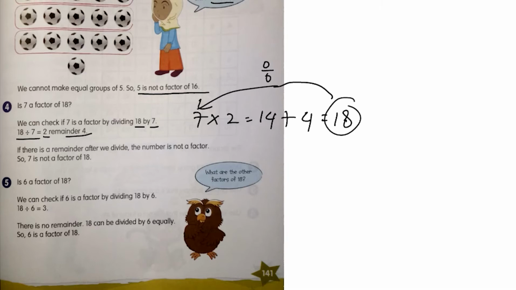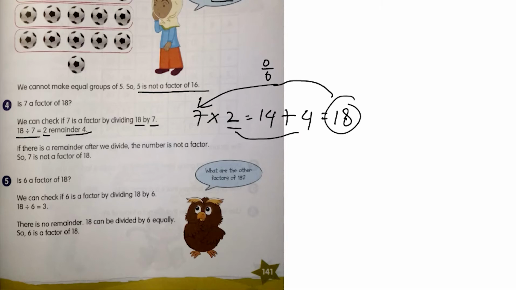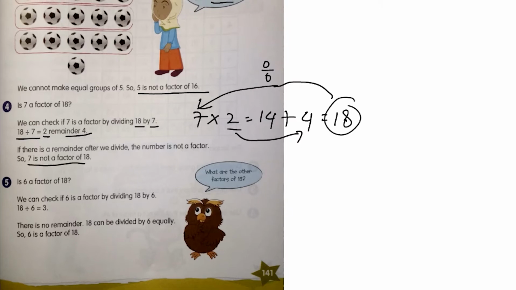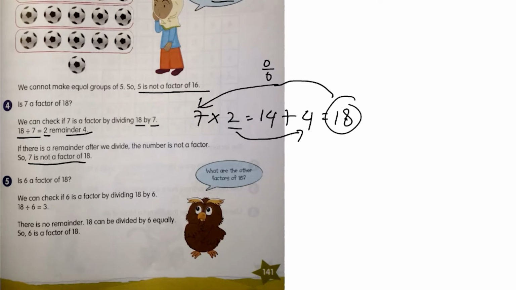Why? 7 times 2 equals 14 and plus 4 equals 18. So 7 is not a factor of 18. If there is a remainder after we divide, the number is not a factor.